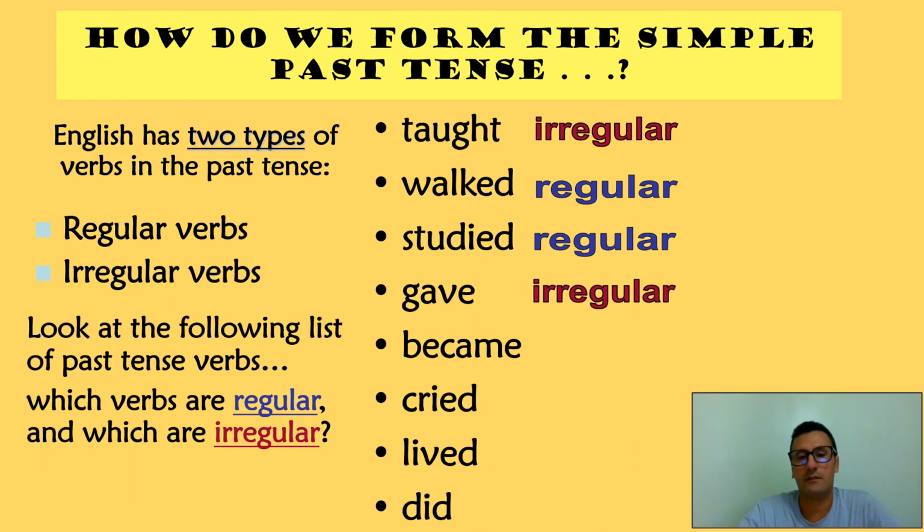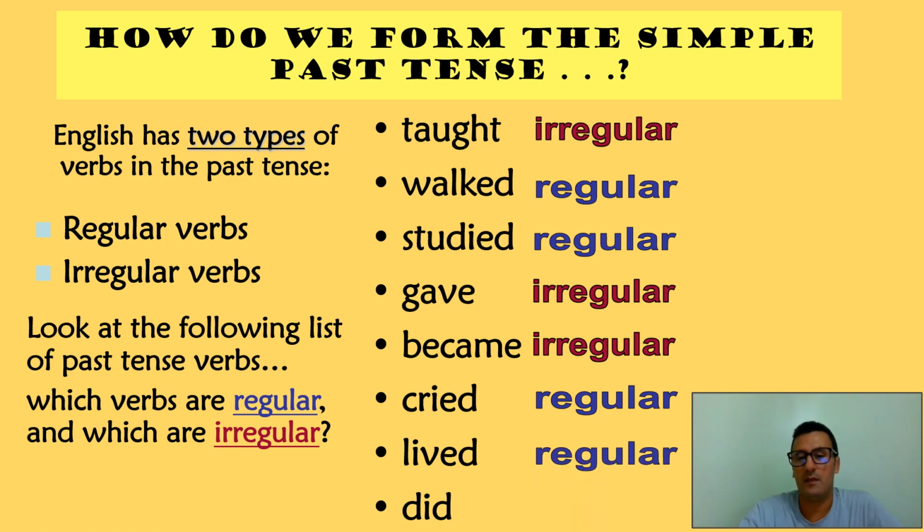Gave, irregular. Became, irregular. Cried, regular. Lived, regular. Did, alors, c'est irregular.